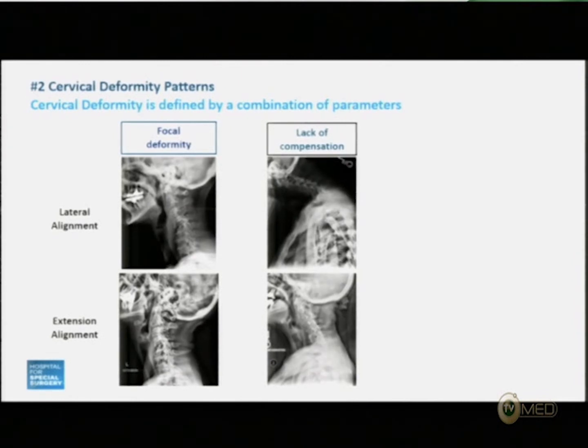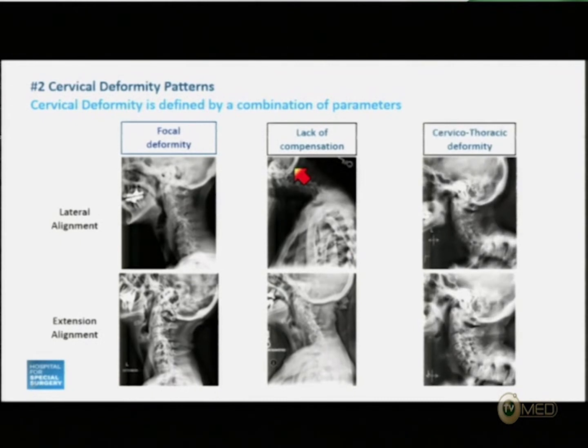So it's like your chest-on-chin patient. You have a big cervical SVA, but if you put the patient in extension, you can say, oh, you do have some reserve. But those patients, they don't use it. So maybe it's more a soft tissue, a muscular problem where the neck just falls. And they're very different from the focal deformity.